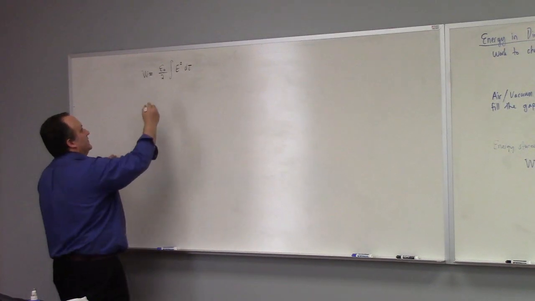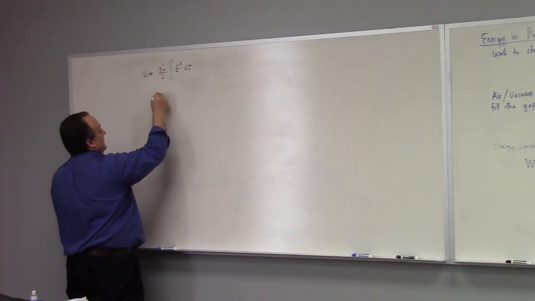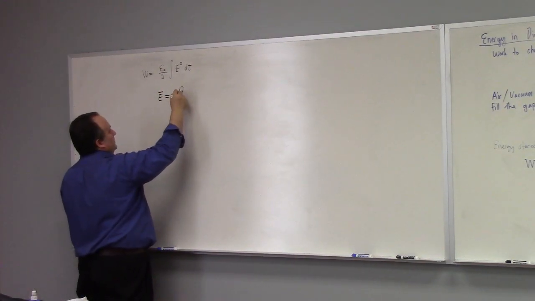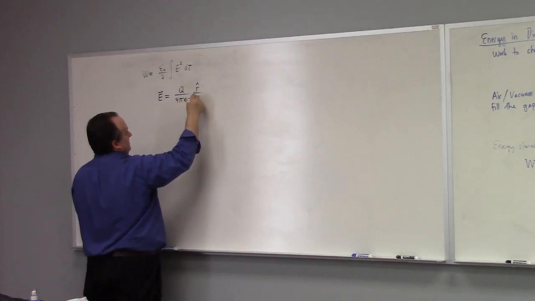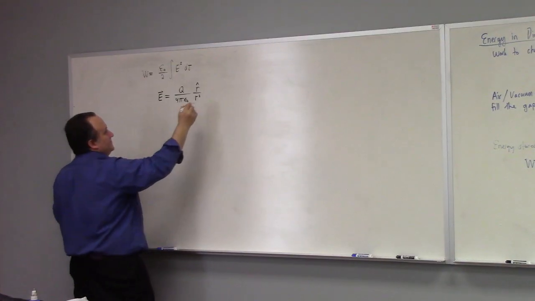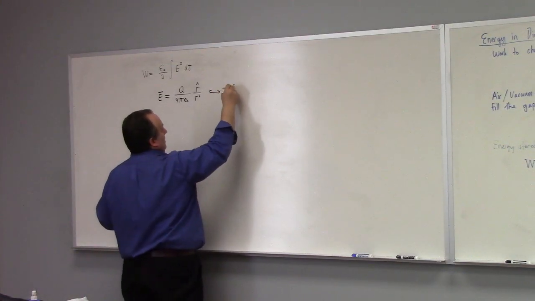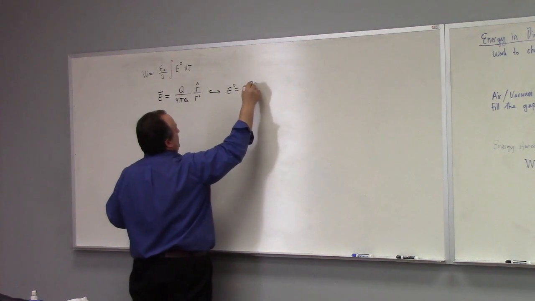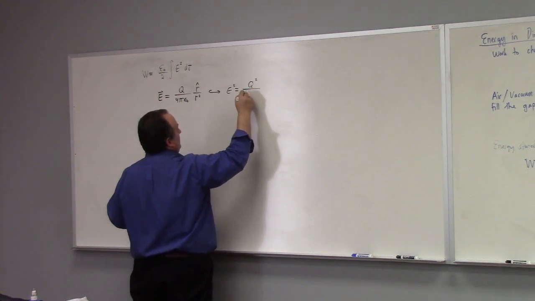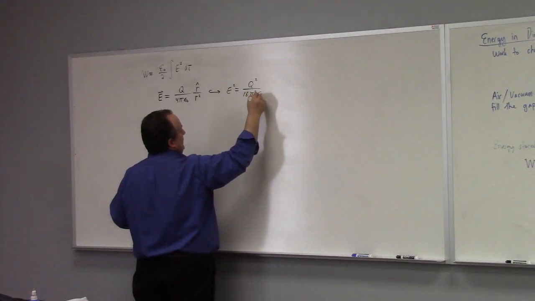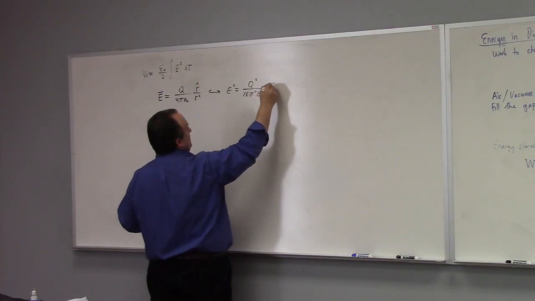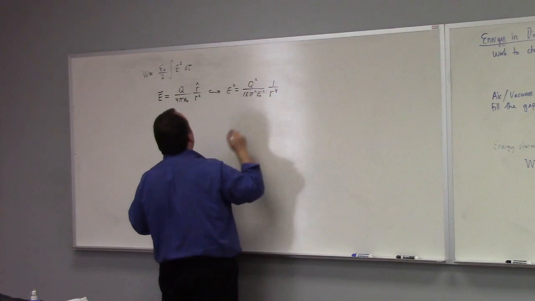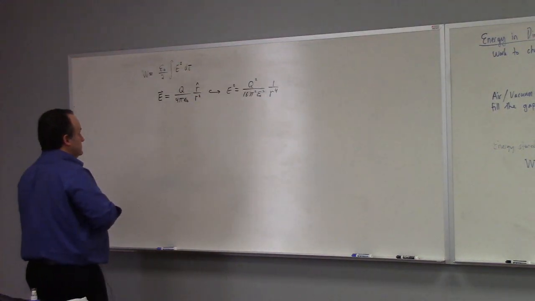So the Coulomb field is Q over 4 pi epsilon naught, r hat over r squared, right? So E squared is Q squared over 16 pi squared epsilon naught squared, times 1 over r to the 4th. What's d tau?